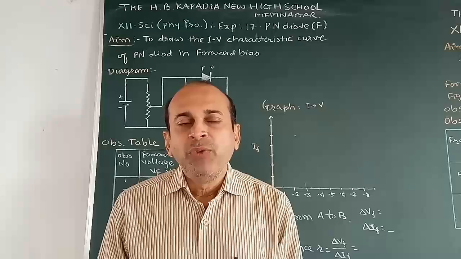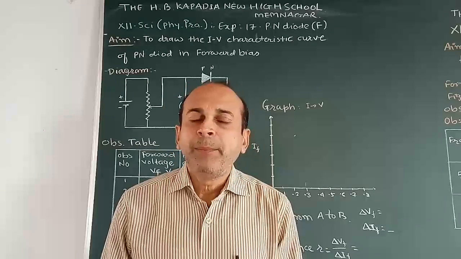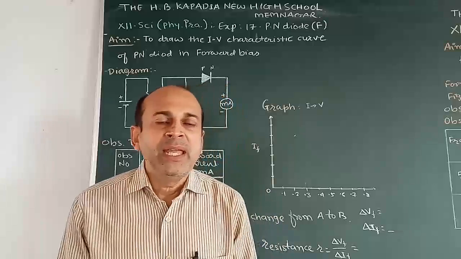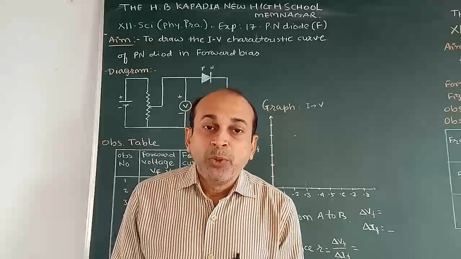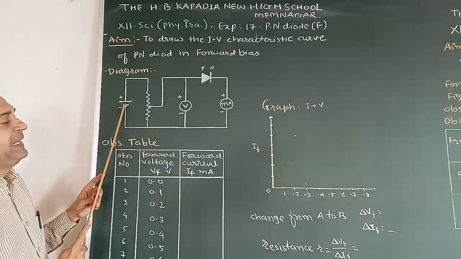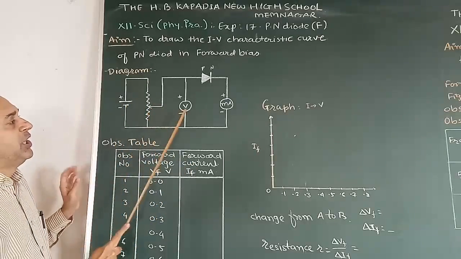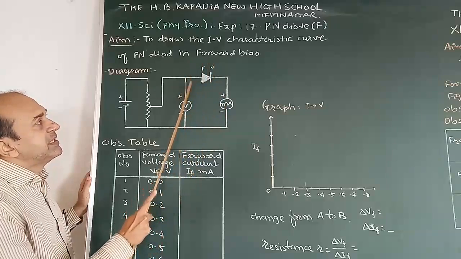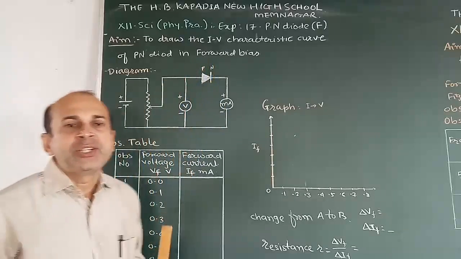So we can form this P-type material and N-type material by adding some impurities in a semiconductor. Now the first thing is the circuit diagram: first the battery, then the rheostat, connect the voltmeter here and connect the current meter. This symbol shows the P-N junction diode.